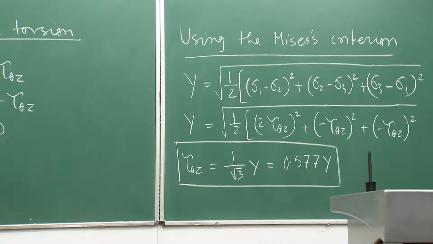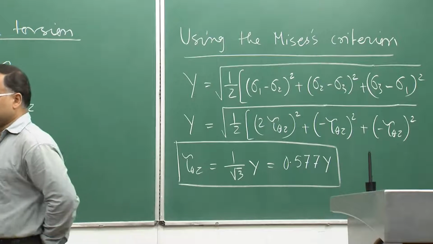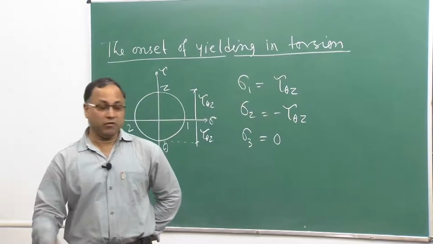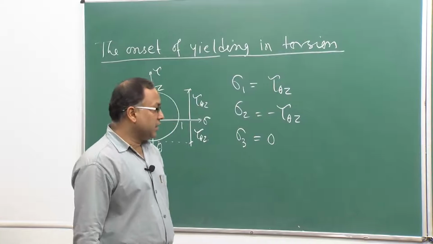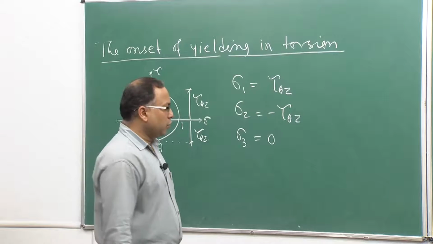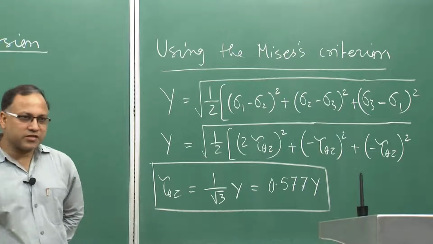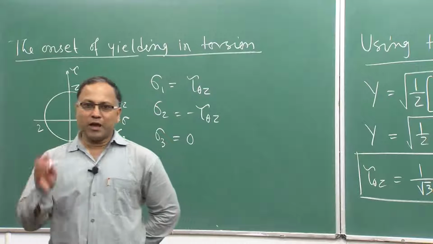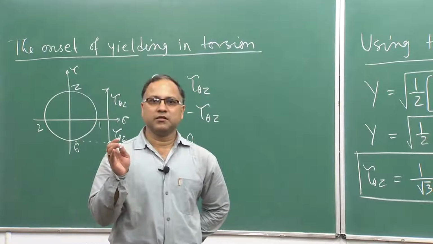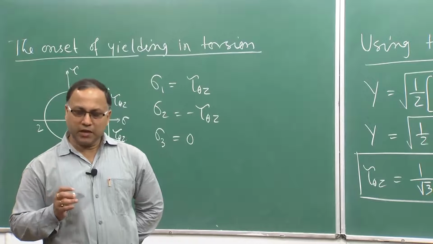That means, if the yield strength of the material with which the circular cylinder member is made is Y, you can go up to maximum this much of shear stress to avoid failure as per von Mises yield criterion.